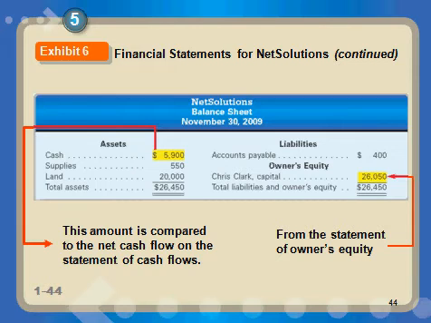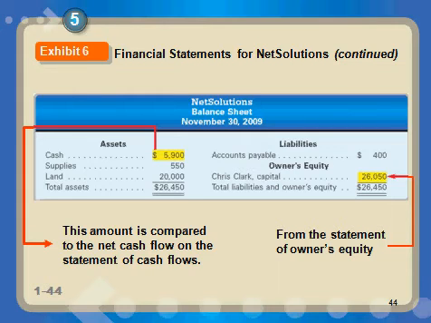Then supplies, which are pretty liquid, since 800 of the $1,350 have already been used up. Then your land, furniture and fixtures, and buildings would be less liquid and listed after all of your current assets.